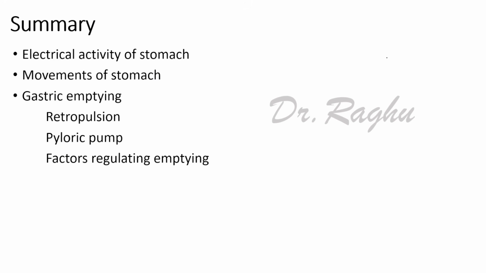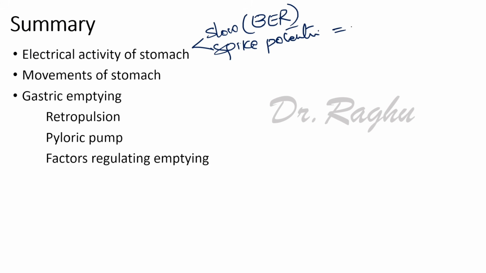So in this video, what we have studied, we have started with a brief introduction of the electrical activity of the stomach, wherein we studied that there are two types of electrical activity. One is called the slow waves, which is also called the basic electrical rhythm, and the second one is called the spike potentials. Remember, the spike potentials are the real action potentials.